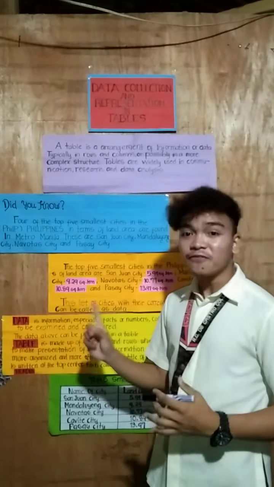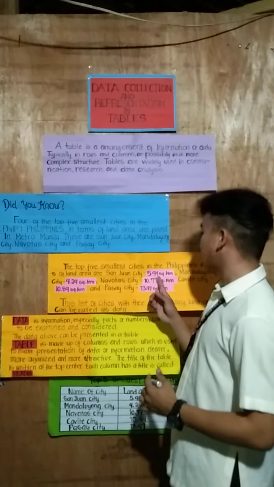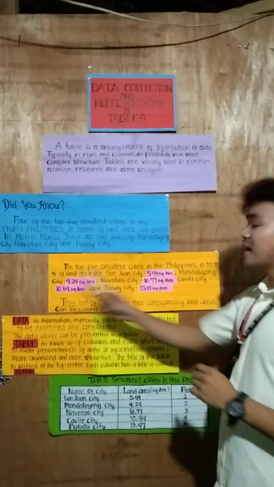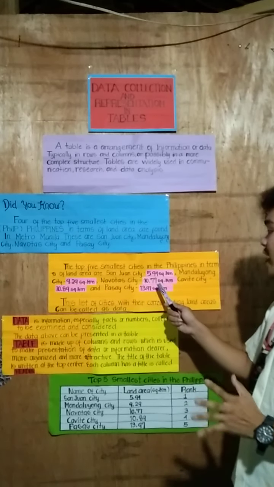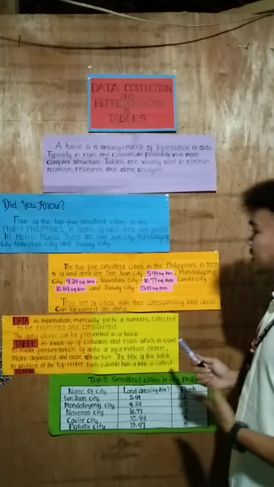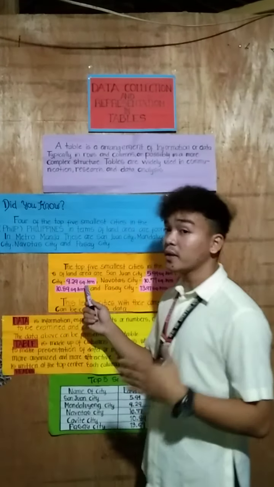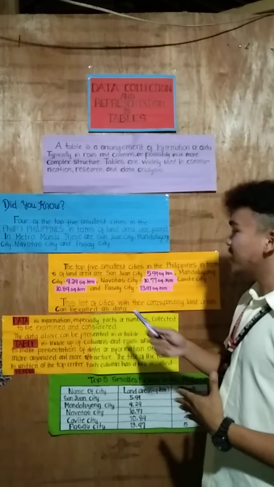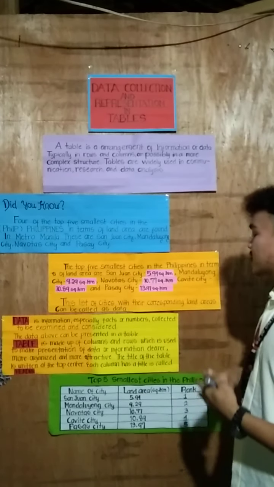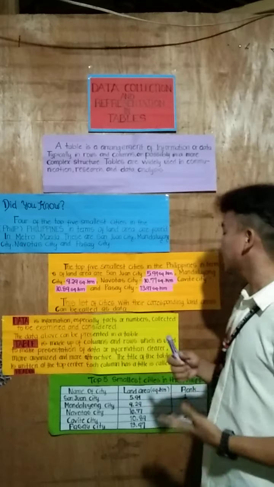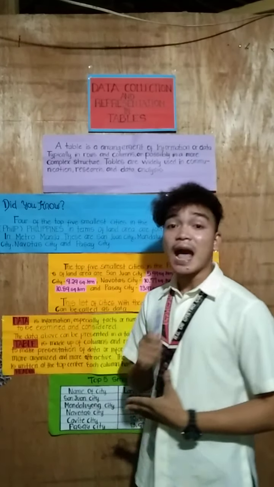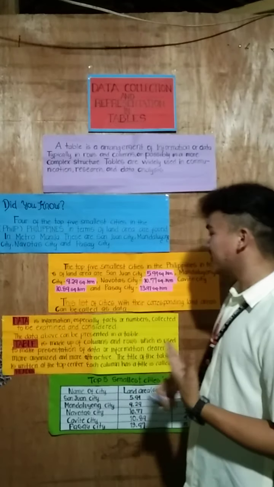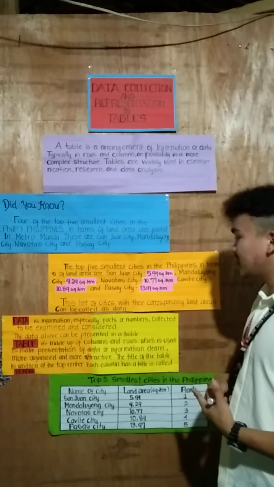San Juan City is 5.994 square kilometers, Mandaluyong City is 9.29, Navotas City is 10.77, Cavite City is 10.89, and lastly Pasay City is 13.97.